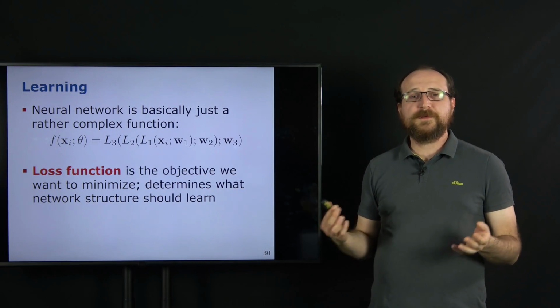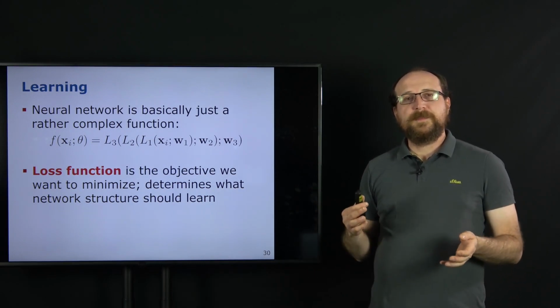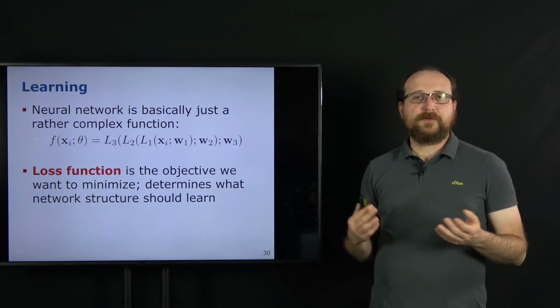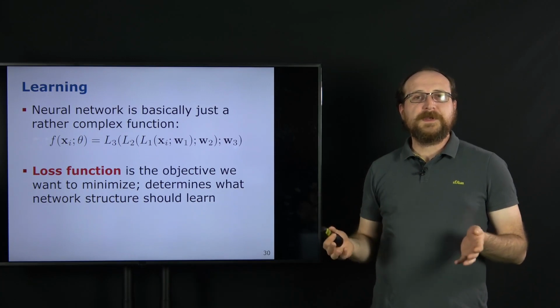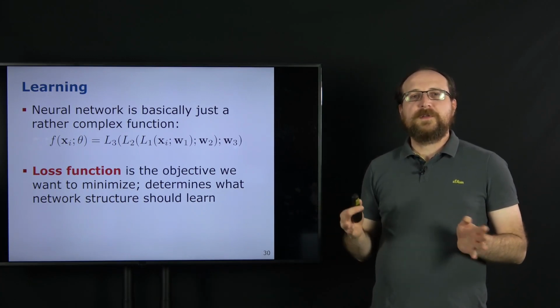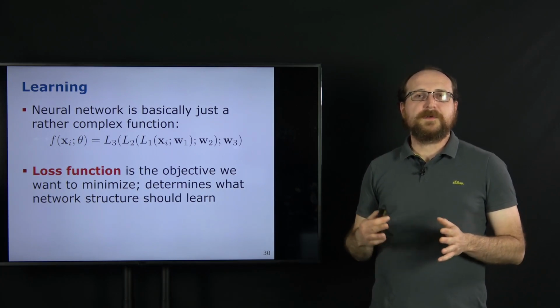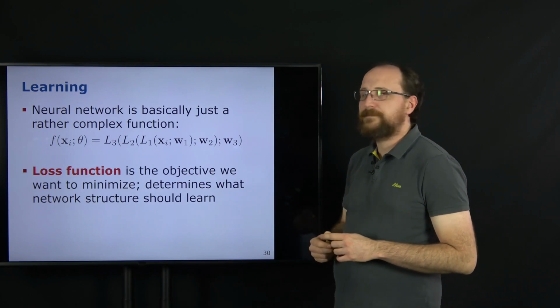The loss function is the objective that we want to minimize. It determines basically what the network should learn in the end. That might be, for instance, the output of the classification layer, such that we have a very good prediction for the class that we are interested in.